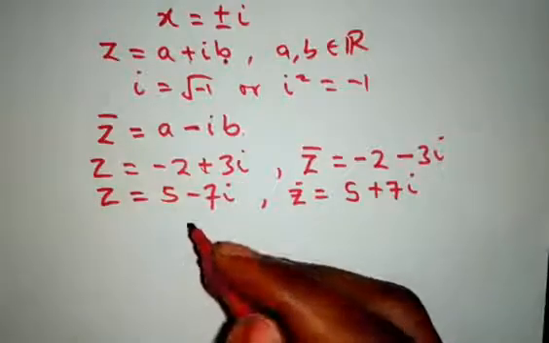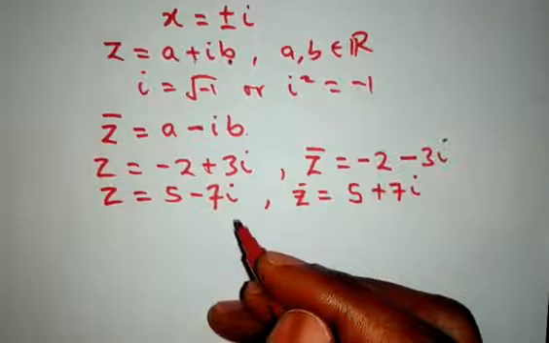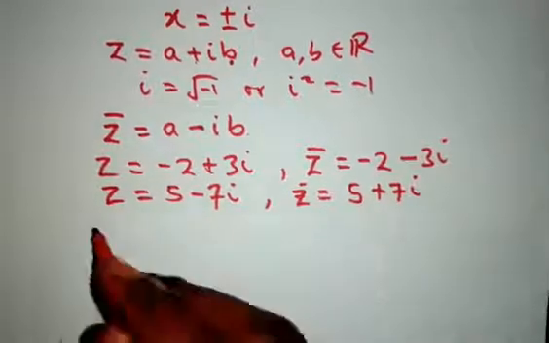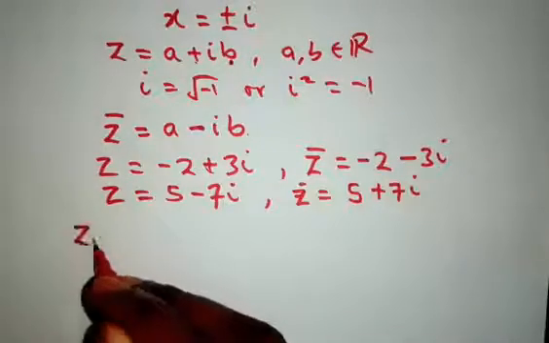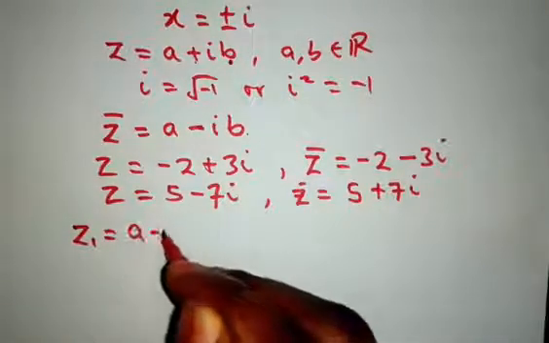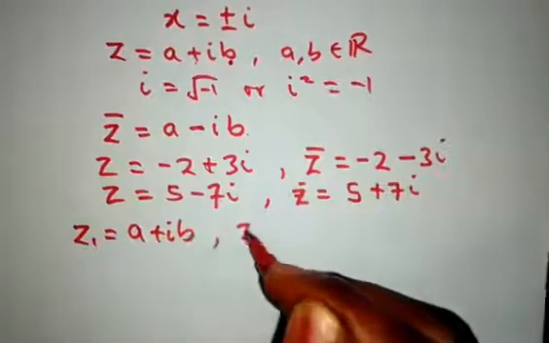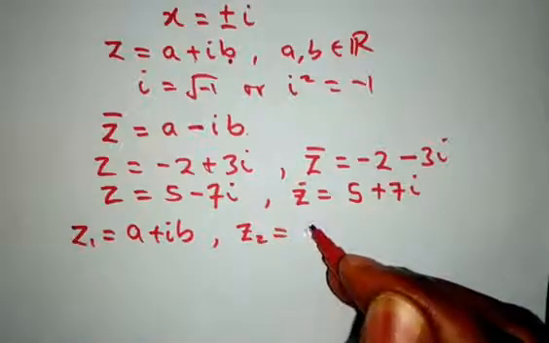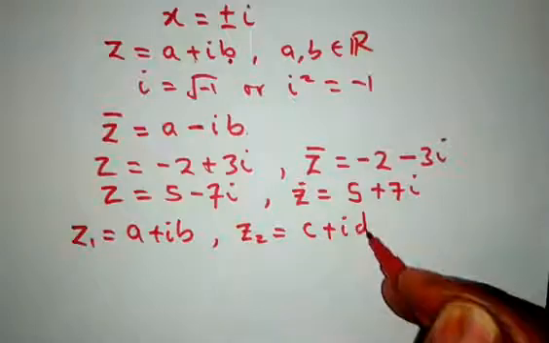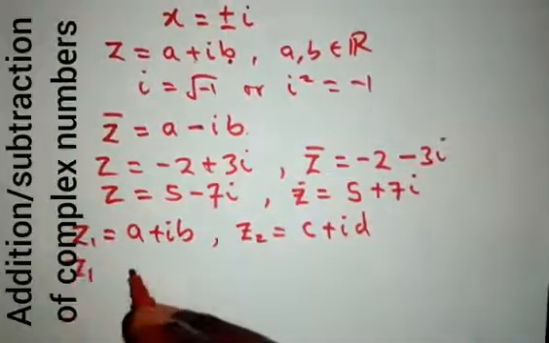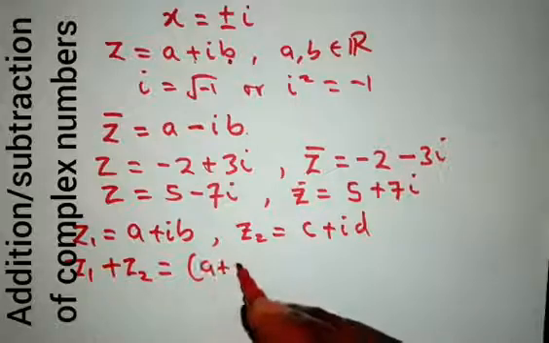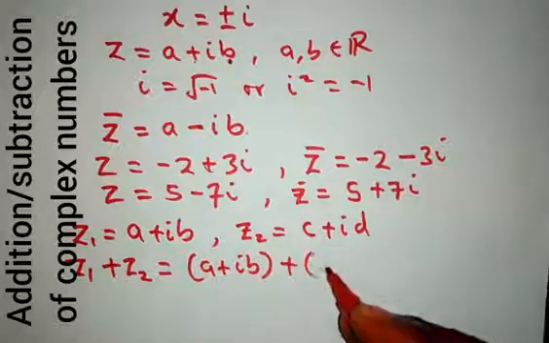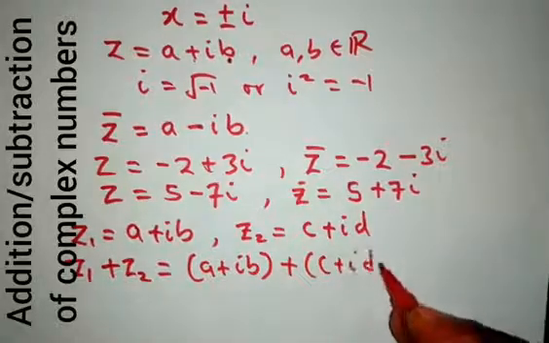Now let's see how to carry out arithmetic operations on complex numbers. So if I have two complex numbers, z1 equals a plus ib and z2 equals c plus id, then z1 plus z2 equals a plus ib plus c plus id.